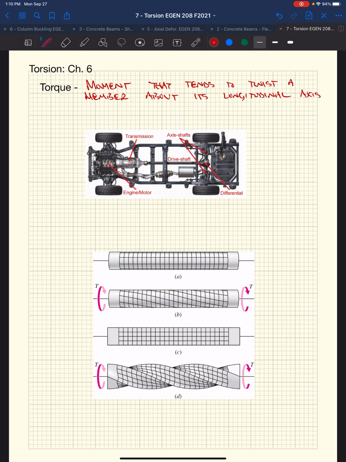Okay. And as I mentioned, an example of this would be a drive shaft. Okay.